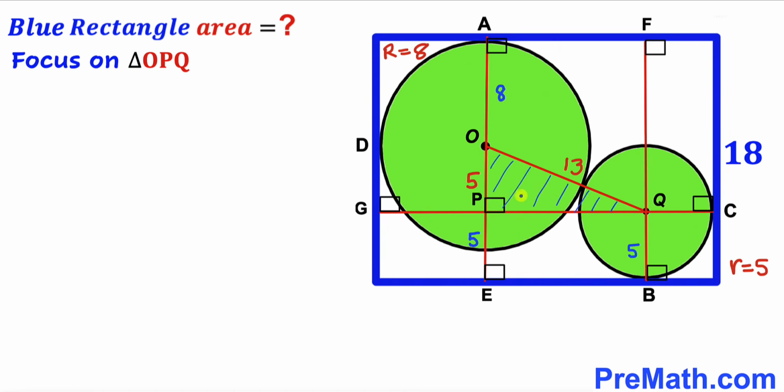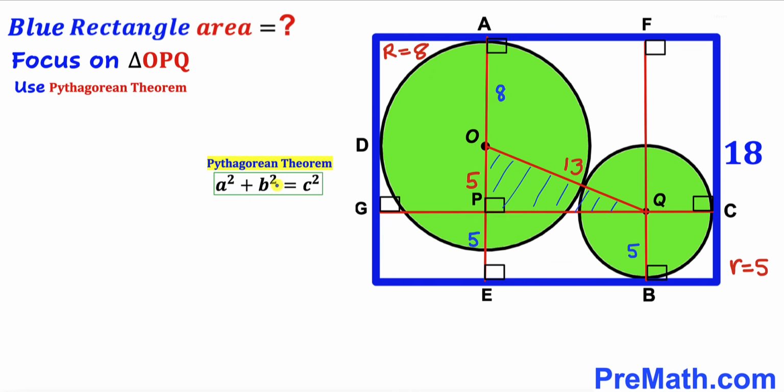Now we are going to focus on this right triangle OPQ. We can see this side PQ is unknown, so we are going to apply the Pythagorean theorem on this triangle. Here's our Pythagorean theorem: a square plus b square equals c square. In our case our hypotenuse is 13, whereas one of the legs is 5 and the other leg is PQ. Let's fill in the blanks: PQ square plus 5 square equals 13 square.